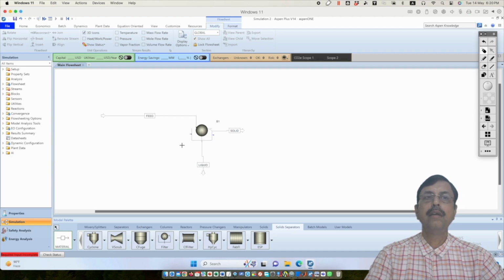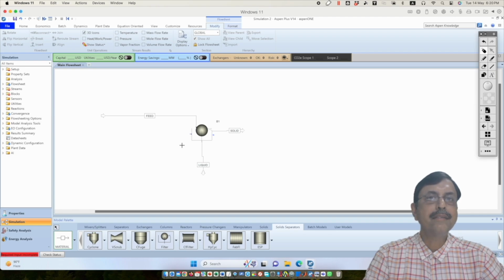Now, these inlets and outlets are useful for certain types of filtration device that we will learn later. For the time being, we are not connecting them. We will connect them as and when required.